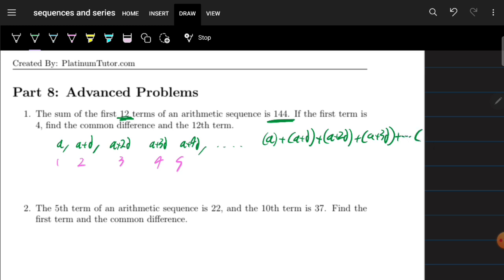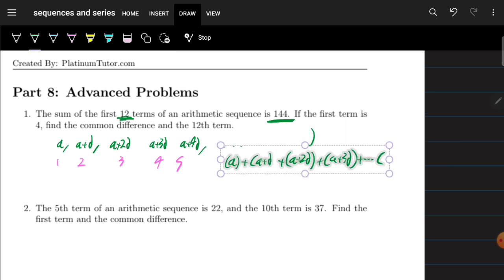So the 12th term, we can see the pattern here, right? It should be equal to a plus 11d. And we know that this sum is equal to 144.